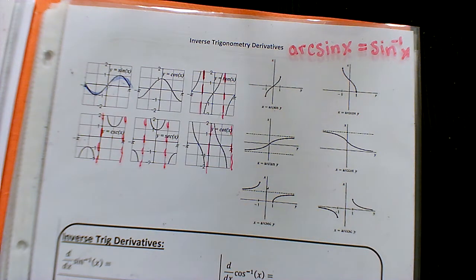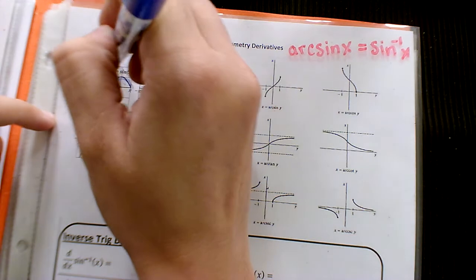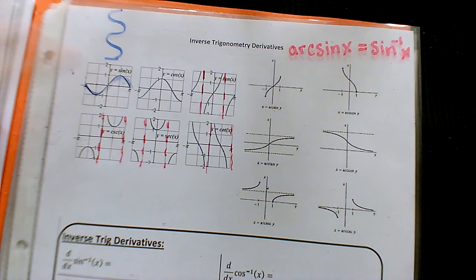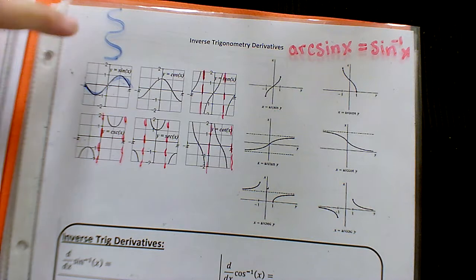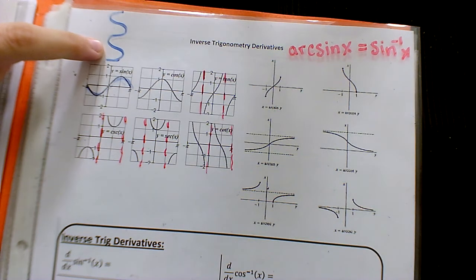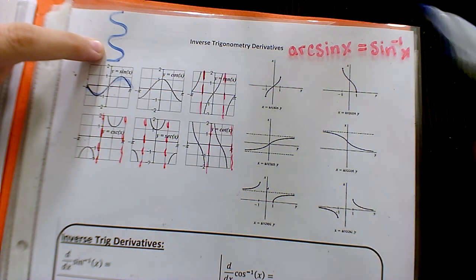A wave that goes up and down. Now the issue with that is, if this wave goes up and down, is that a function? No. So in order for us to be certain that if we plug in one thing, we get out one thing, we actually chop off certain portions of this wave.